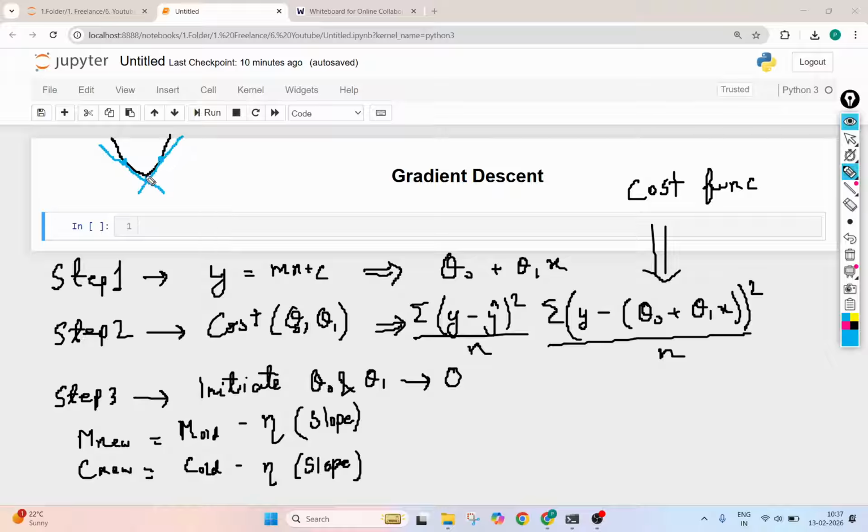This is another slope. This is another slope. Our main aim is to come to the bottom, to the least error. This is our least error point. Okay. So in simple words, our slope would be, let's say d cost d theta naught equals to, if I simply differentiate this particular equation, what should we get?